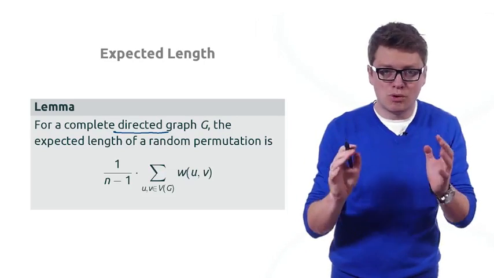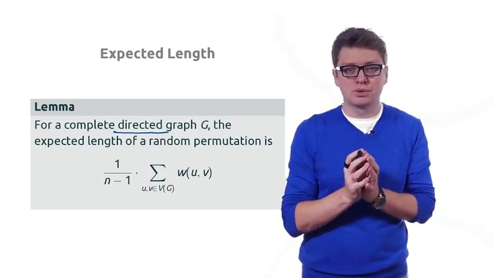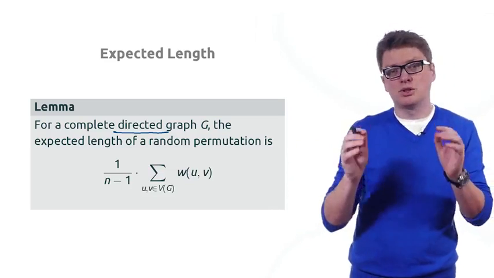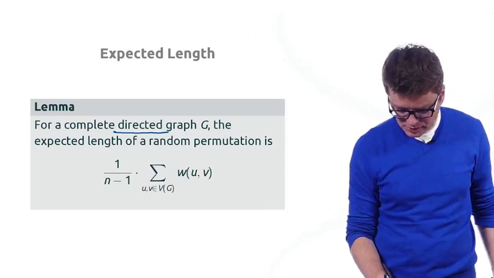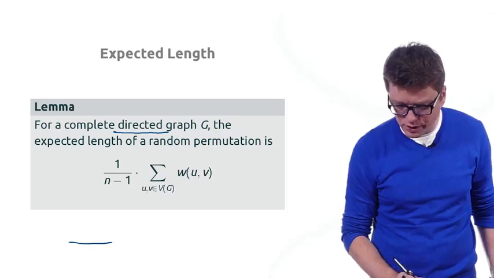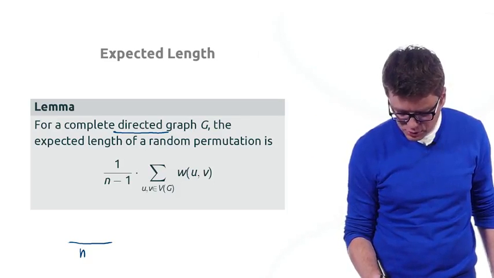If you would like a more formal proof, you can argue as follows. The total number of different cycles, as we've discussed, is n minus 1 factorial.